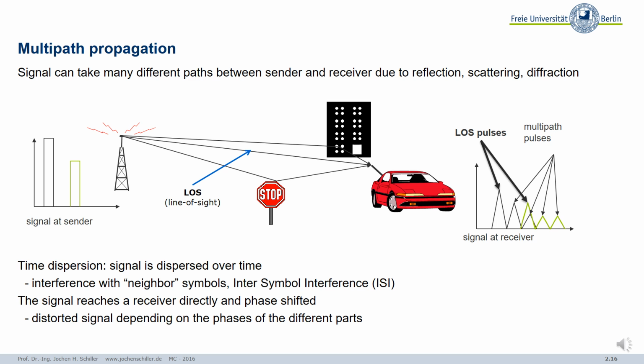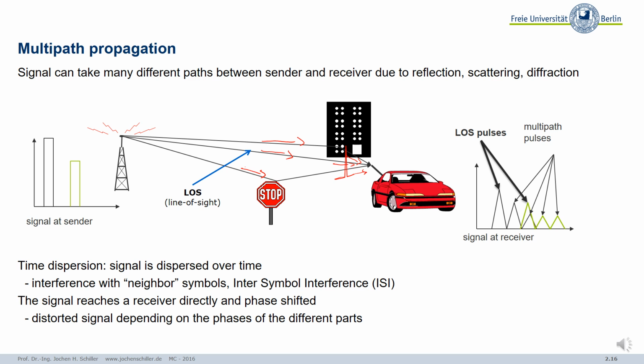And now, only looking at 3 different paths of our signal, we see they will be received at different times here at the antenna of the car. And these are only 3 possible paths.